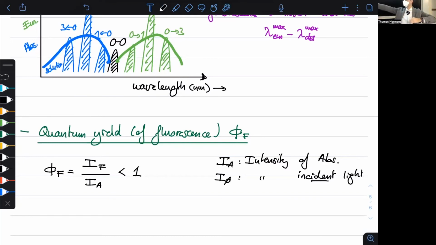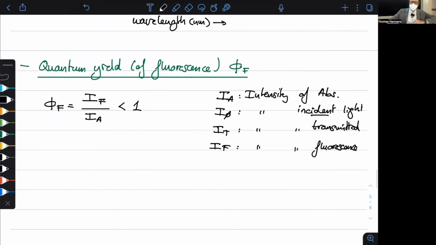So the incident light is the light that comes out of the lamp. We have a fraction that is transmitted, intensity of transmitted light. And we have intensity of fluorescence. Okay. We'll come back to these things in a bit.